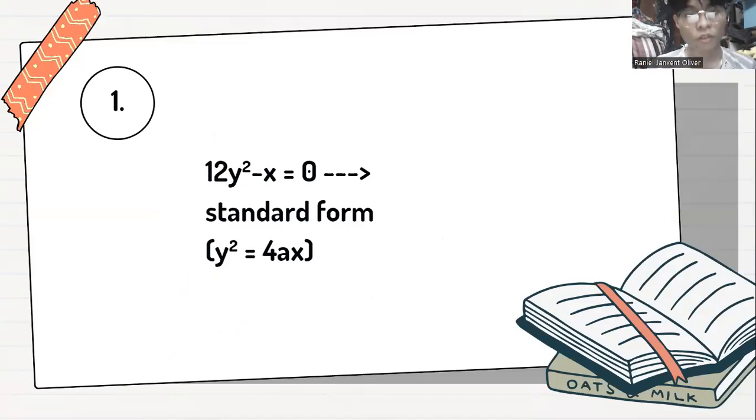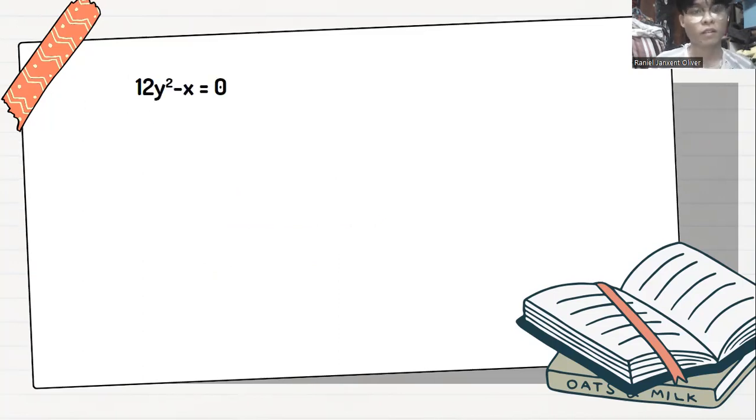So let's move on to the first question. The first question states 12y squared minus x equals 0, and we need to convert that general formula of a parabola into standard form, which is y squared equals 4ax. Let's start.